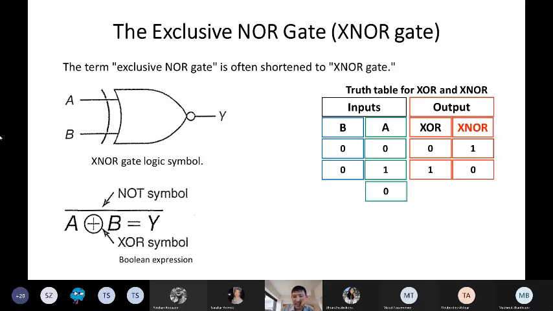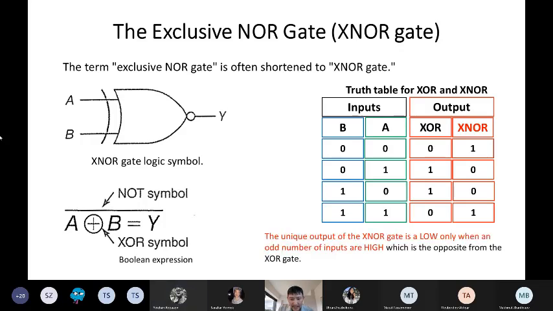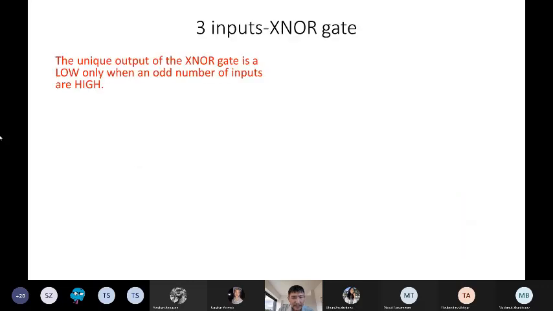Next, 0, 1: XOR will be 1, and XNOR we invert, so 0. So 1, 1: what will be XOR? 0, and XNOR 1. Okay.